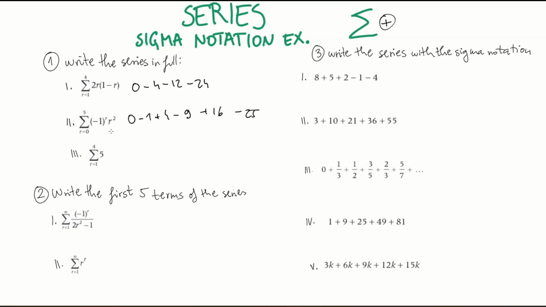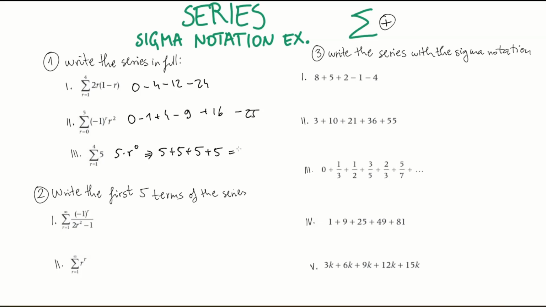5 times r to the power of 0, and now we just go ahead and substitute, and we get 5 times 1 to the power of 0, which is still 5, plus 5 times 2 to the power of 0, which is still 5, and then 5 times 3 to the power of 0, which is again 5, and 5 times 4 to the power of 0, which is once again 5.